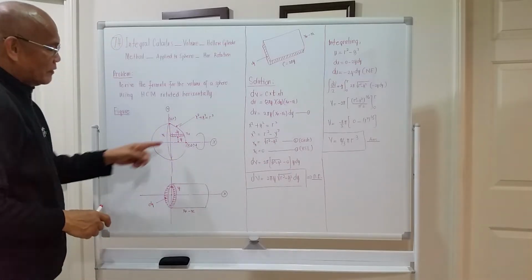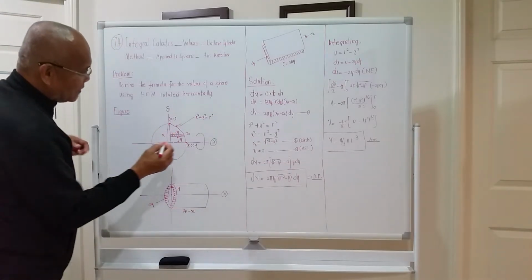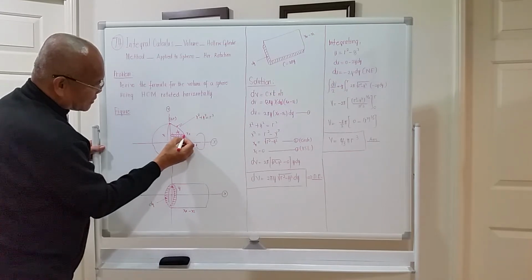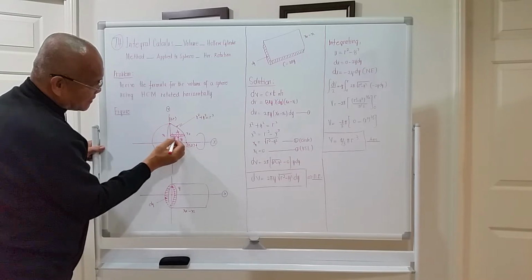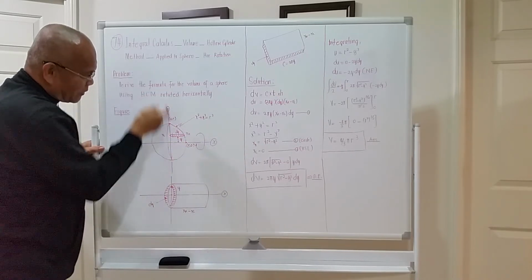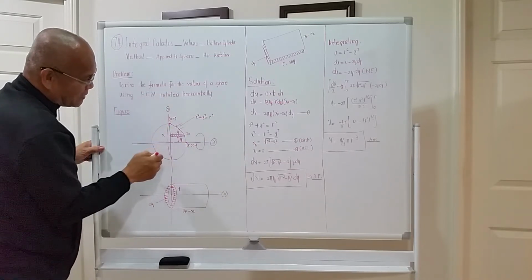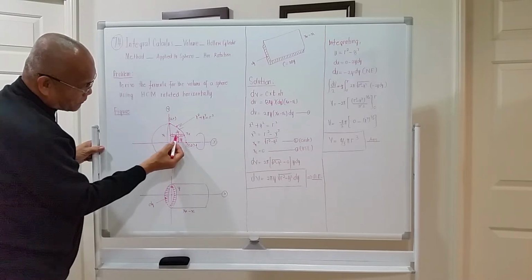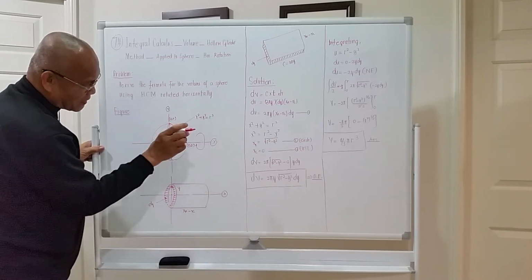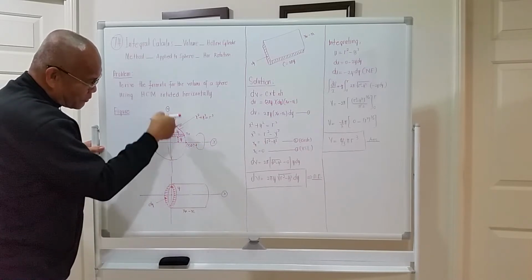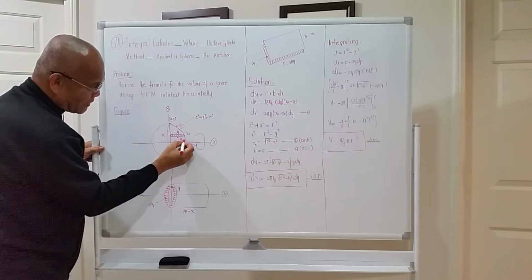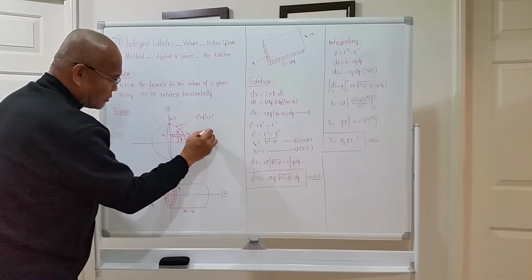That's the horizontal slice. This is XR. This is XL. The thickness is along the vertical, so it should be dy. And the distance of the differential area, that small thickness, from the axis of rotation is measured vertically, so it should be y. And this is the rotation.